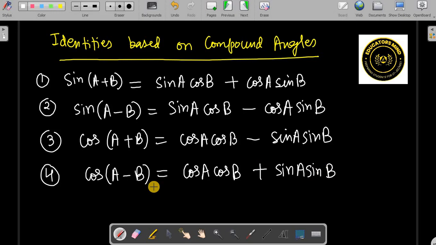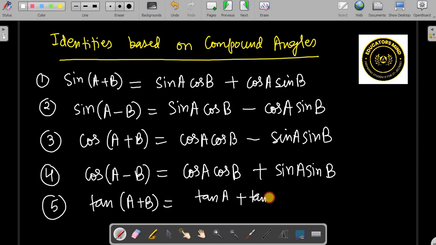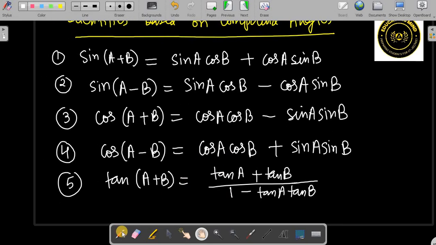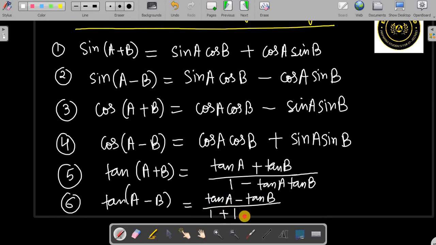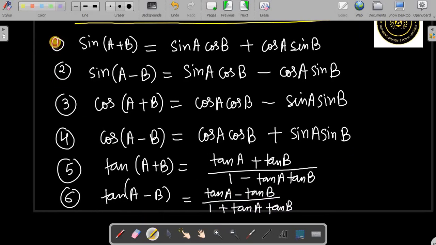Now for tan of A plus B, for example, tan of A plus B is tan A plus tan B divided by 1 minus tan A tan B. Similarly, tan of A minus B will be tan A minus tan B divided by 1 plus tan A into tan B. These are the very basic equations based on compound angles.